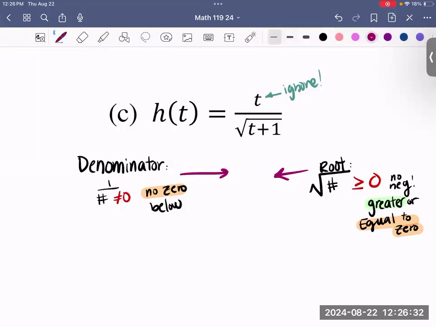So now, if you have 1 over the square root underneath the denominator, we're just going to say this is really greater than 0. It's a threshold number. You cannot be equal to 0 anymore.